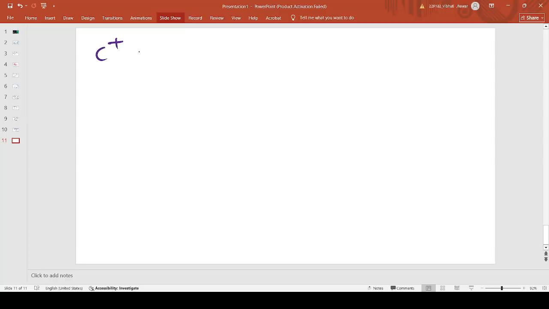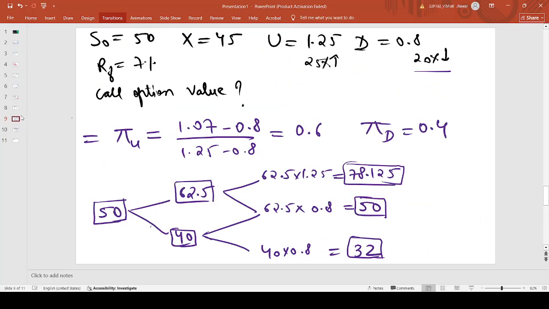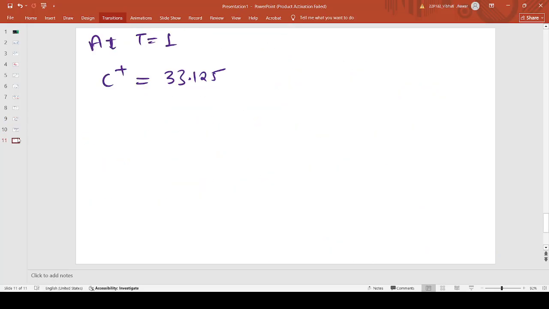C plus, that is at t1. At time 1, your C plus would be 33.125, which we got here, 33.125 into the up probability. The up probability was 60%.